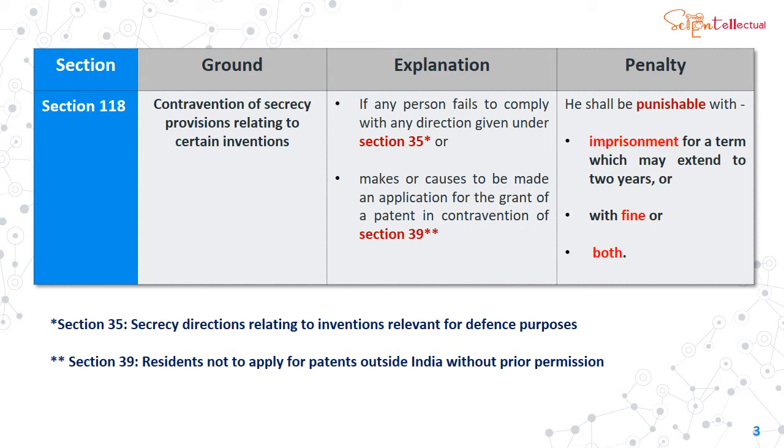Now, Section 35 deals with secrecy directions relating to inventions relevant for defense purposes, and Section 39 deals with residents not to apply for patents outside India without prior permission.